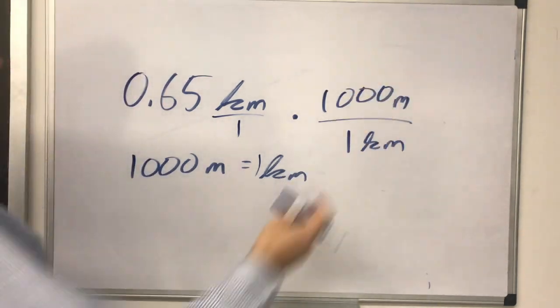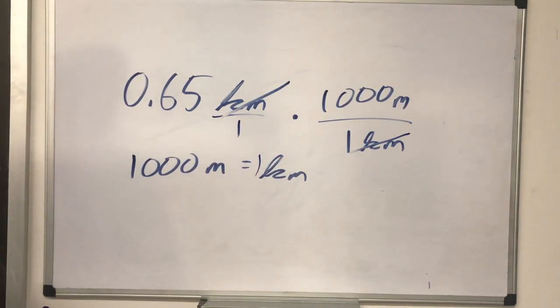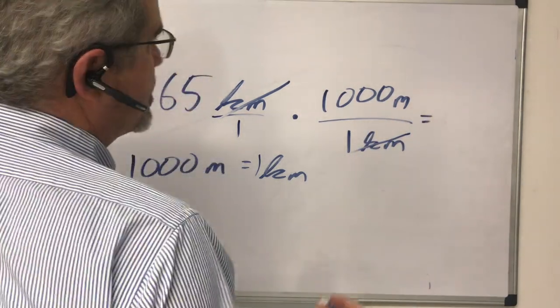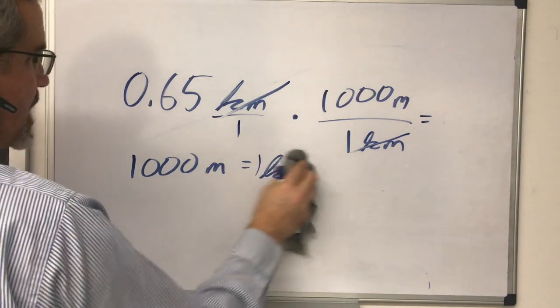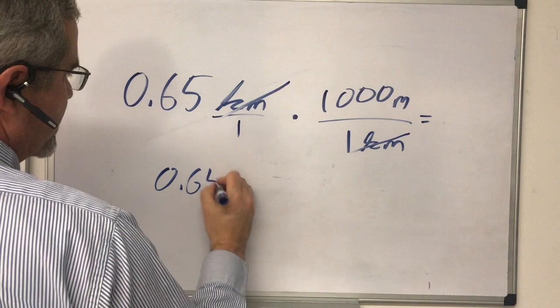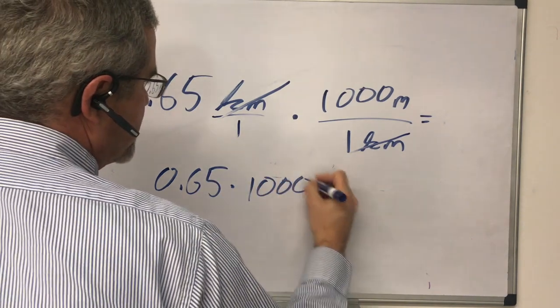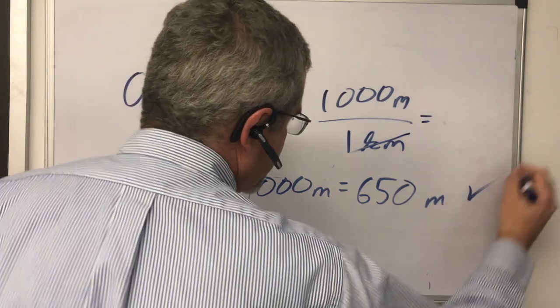See, that's just 1. Kilometers on the bottom cancel with kilometers on the top. And this whole thing just equals 0.65 times 1,000 meters, which equals 650 meters. Done.